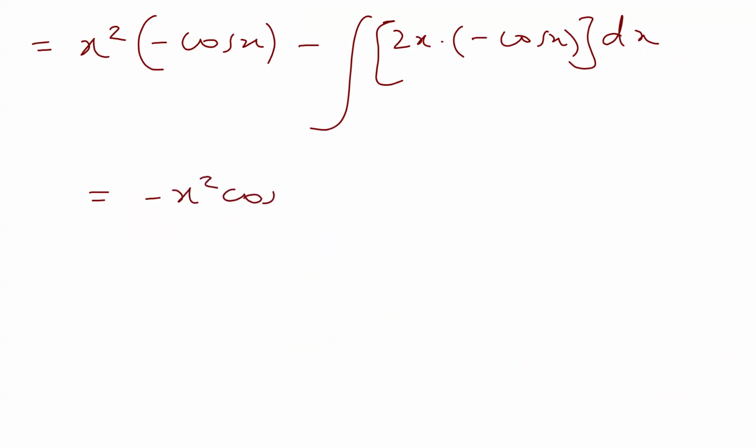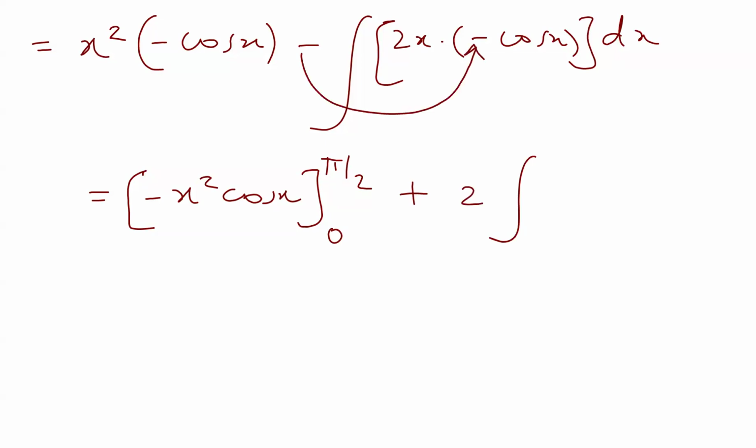Now there is no integration sign, so I am just putting upper limit and lower limit, pi by 2 and 0. Plus 2. How plus? Minus into minus is plus. 2 outside, integration of x cos x dx. Box minus box.